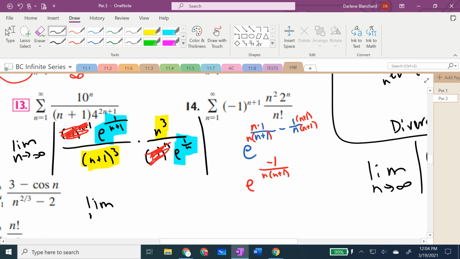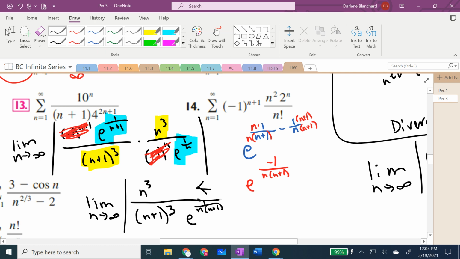So if I simplify, I've got limit as n approaches infinity. I've got the n cubed over n plus 1 cubed heading to 1. Then this is supposed to be for the numerator, but I'm going to put it in the denominator with the positive exponent. And then I can solve that limit.